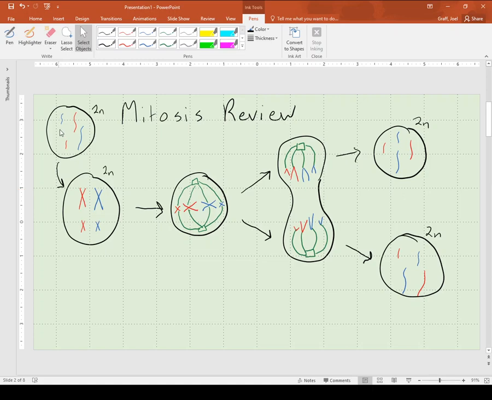So, before we delve into meiosis, let's just quickly remember what mitosis is all about. In mitosis, I've drawn some stripped down cells. I haven't shown nucleus. This is kind of just an oversimplified view of things. But let's say we start with one cell and it has an N of 2, which means for this long chromosome there's 2 copies. One would come from a mother and one would come from a father.